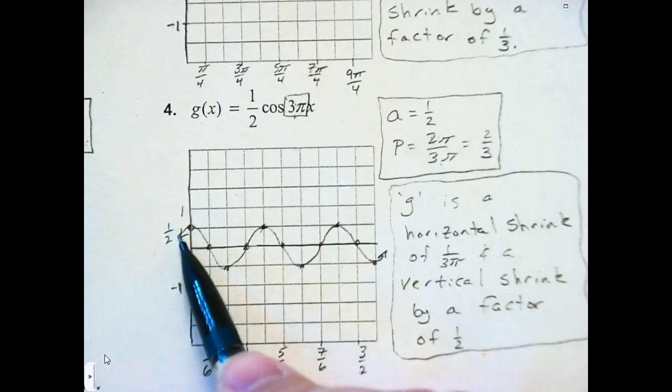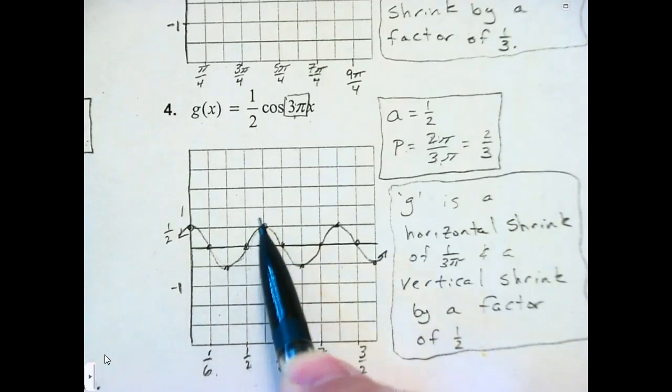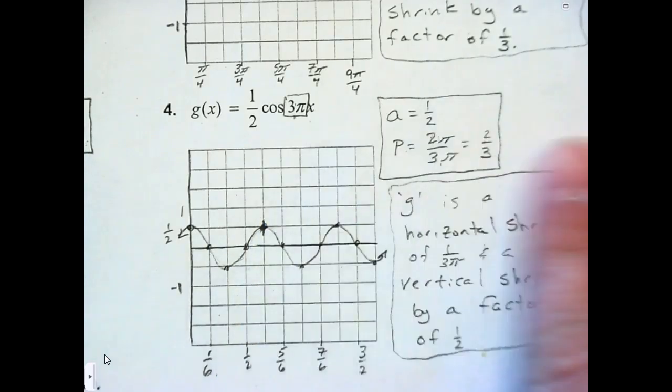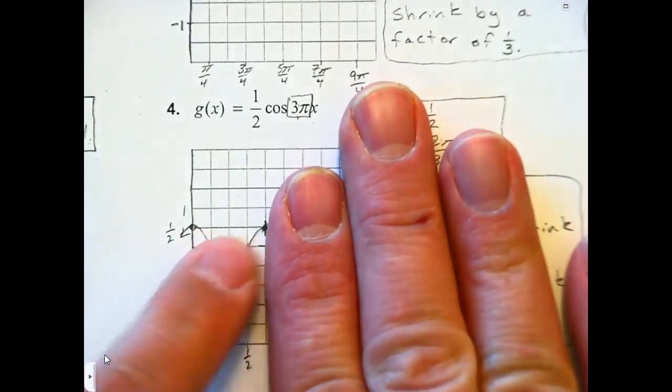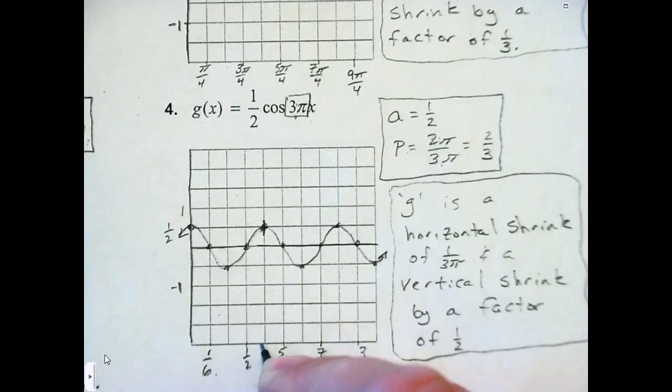That means after I graph one curve of the cosine, so I get to here, that length right there is 2/3. So this length is 2/3, which means if I took half of that, that would be 1/3.